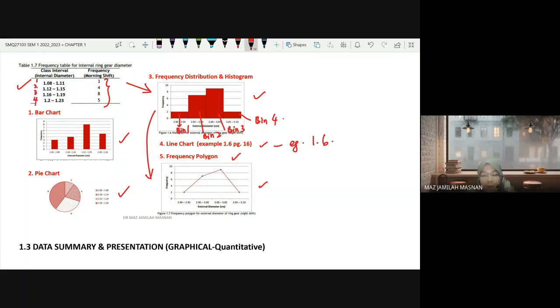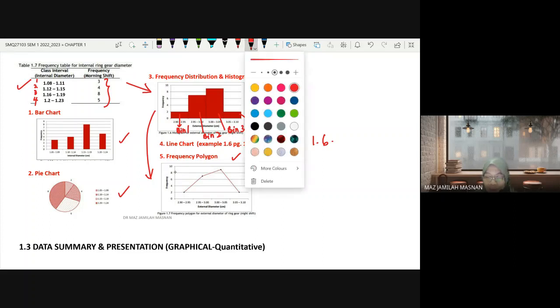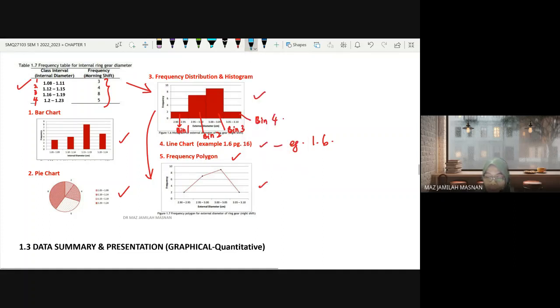Now, how do I get my frequency polygon? It's actually from the histogram, but I don't want all the boxes shown in my frequency polygon. Instead, I am using the midpoint of that particular bin. For the first bin, 2 is the point.